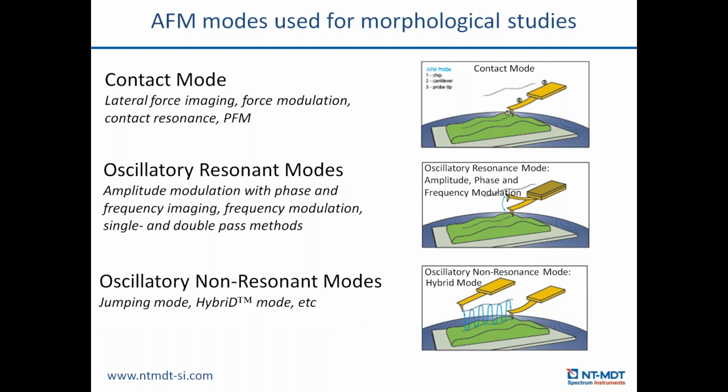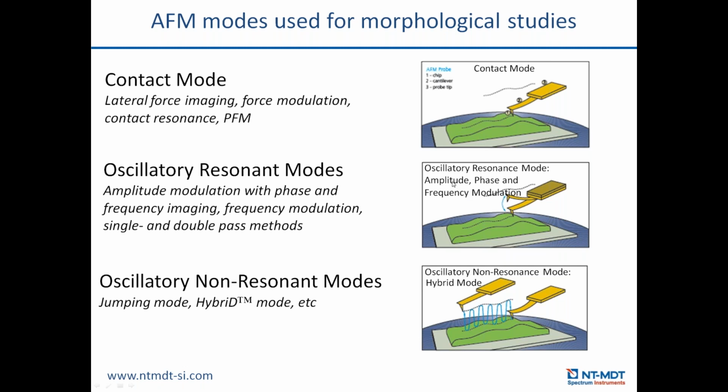The first thing which people expect from AFM is high resolution, which is not achievable, for example, in optical techniques: high resolution of the morphology of the sample. The main three approaches for this in atomic force microscopy are the following. First is contact mode, when the tip is in static contact with the sample, and we keep the bending of the tip constant and profile the surface in this configuration.